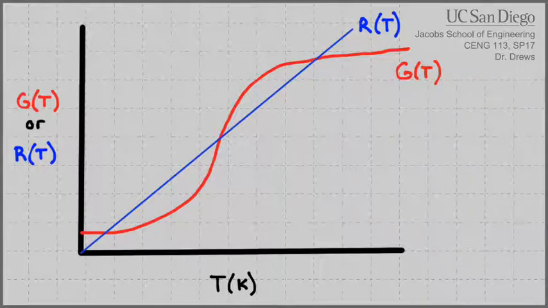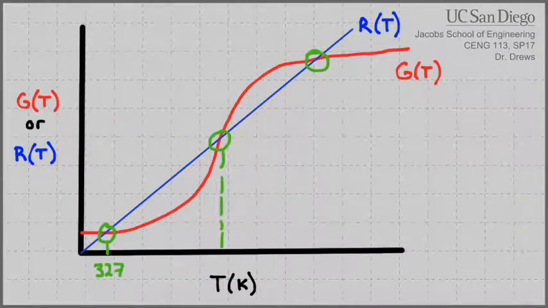These 3 intersections that we have here correspond to the same temperatures that we saw before. If I were to evaluate those temperatures, I would get temperatures of 327. This one up here, I think the other one was 442.